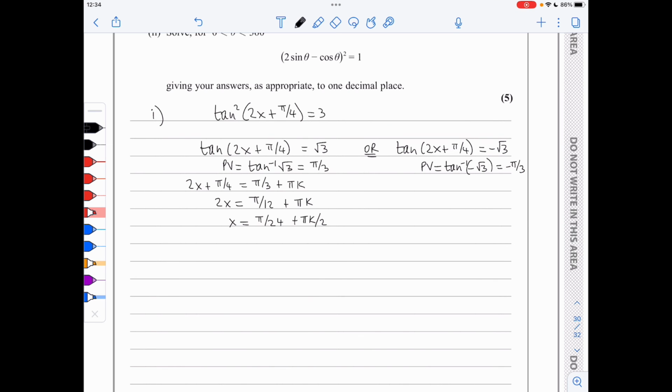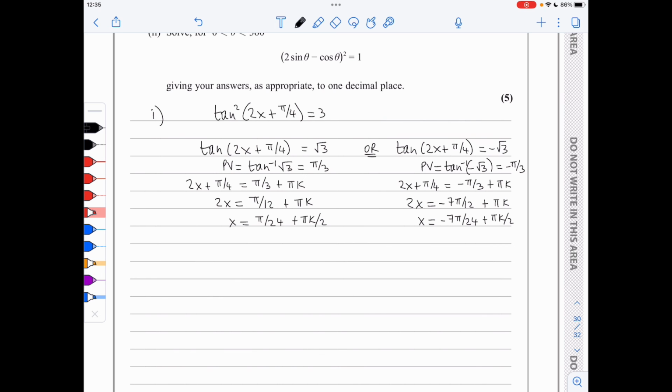And for the second equation, I've got 2x plus pi/4 is negative pi/3 plus pi k. So 2x is minus 7 pi/12 plus pi k, which means that x is minus 7 pi/24 plus pi k/2.